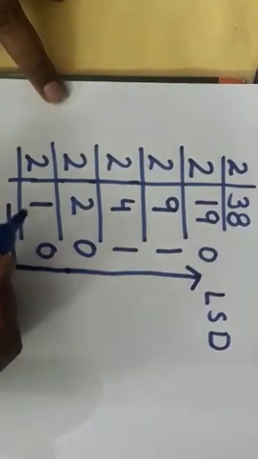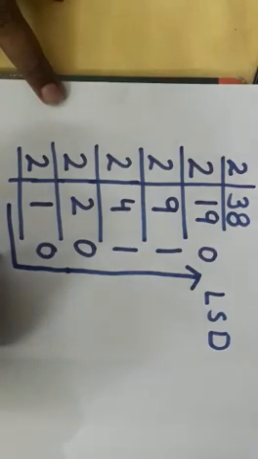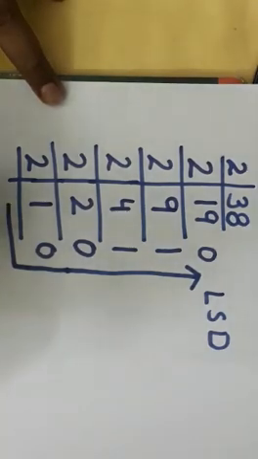In the previous method we used to write 0 here and then bring 1 here. Sometimes you don't remember to bring or copy the number at this side. To overcome that, we stop here only and then we start writing the answer.